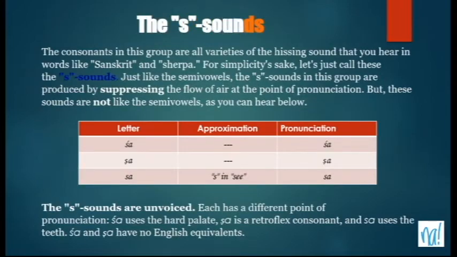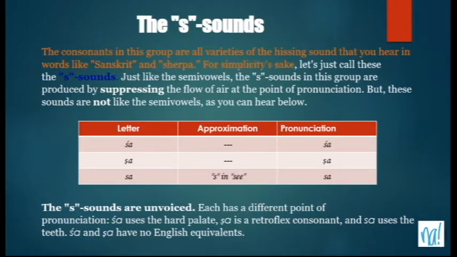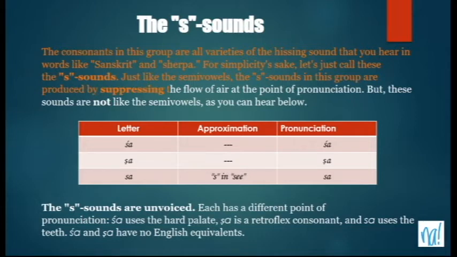The S sounds. The consonants in this group are all varieties of the hissing sound that you hear in words like Sanskrit and Sherpa. For simplicity's sake, let's just call these the S sounds. Just like the semivowels, the S sounds in this group are produced by suppressing the flow of air at the point of pronunciation.